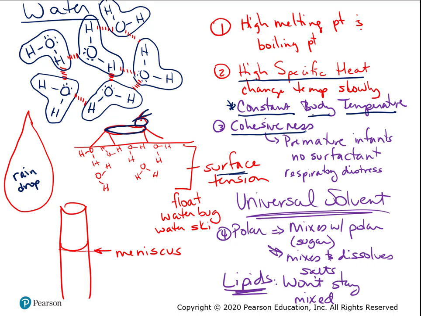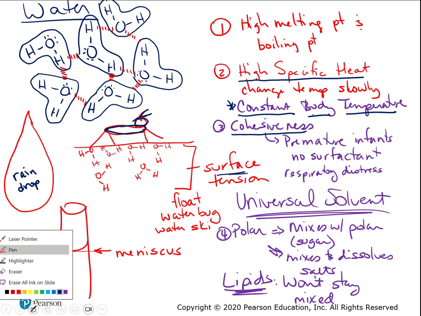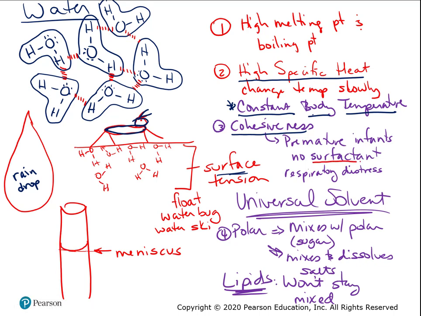Surfactant is normally produced by cells in the alveoli, the little air sacs of the lungs. Surfactant is kind of like soap. What surfactant does is it breaks up the surface tension, so it keeps water from sticking together.